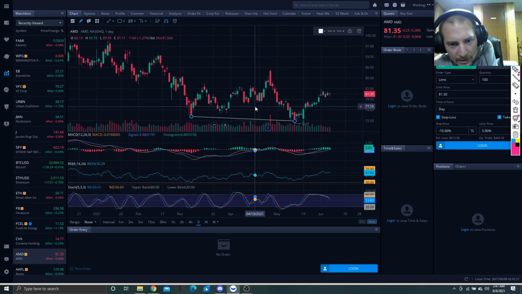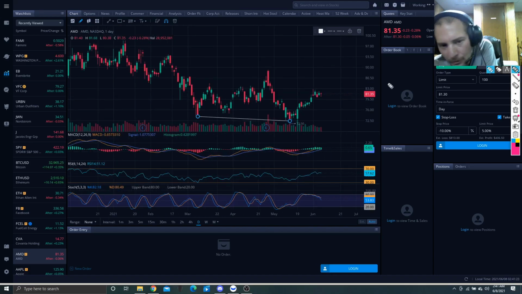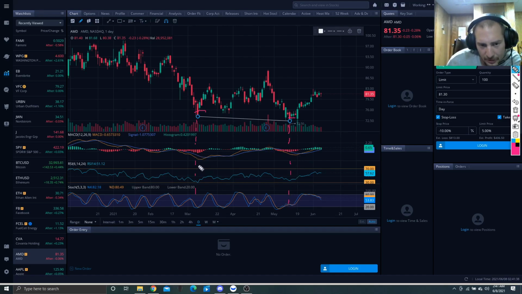So now, what's next? We've got our swing lows connected here. We want to look straight down from there at our indicators, right? And we see that our price is making lower lows, but our MACD is making higher lows.